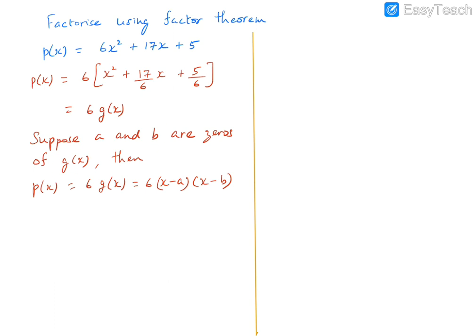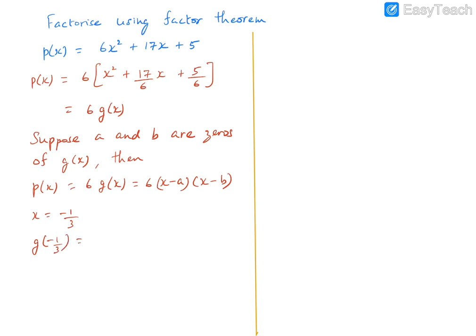So by trial, we have found out that, let's say, we put x equals minus 1 over 3. Then we will have g of minus 1 over 3.